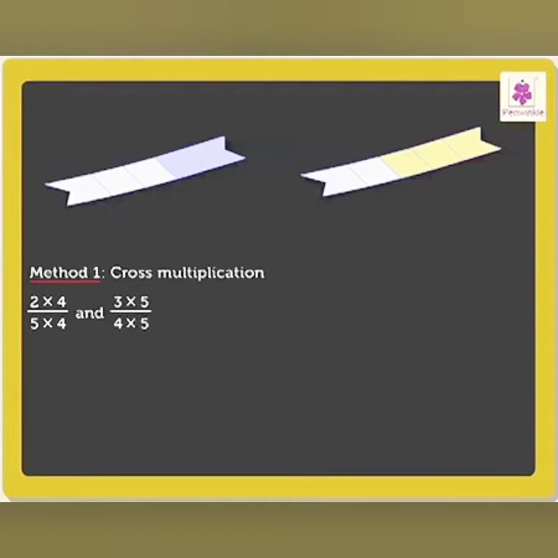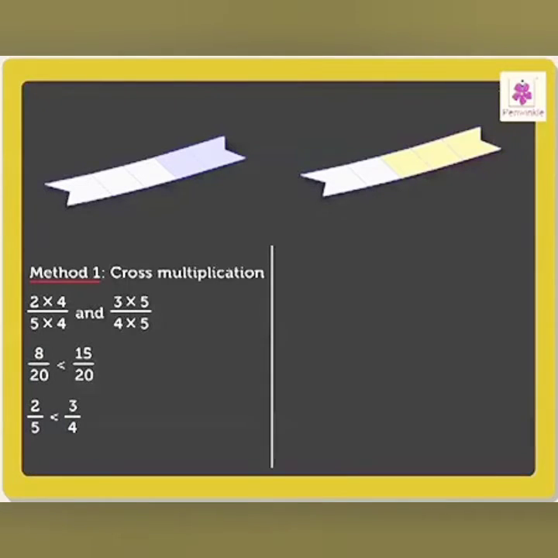On cross multiplying, we get the answers as 8 upon 20 and 15 upon 20. Look, we got like fractions. Now compare them. Here, 8 upon 20 is less than 15 upon 20. So we can say that 2/5 is less than 3/4.